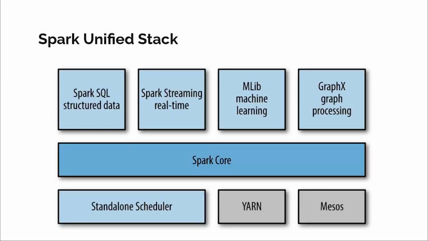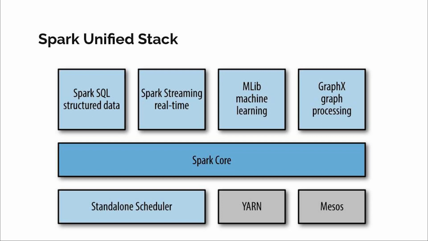Here we have a picture of the Spark unified stack. As you can see, the Spark core is at the center of it all. The Spark core is a general purpose system providing scheduling, distributing, and monitoring of the applications across the cluster. Then you have the components on top of the core that are designed to interoperate closely, letting the users combine them, just like they would any libraries in a software project.